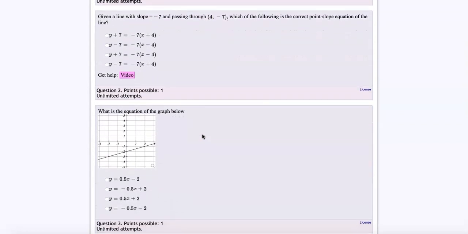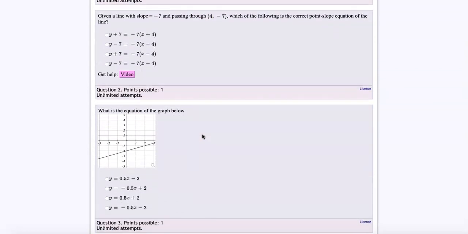Okay, question number 2. Given a line with a slope of negative 7 and passing through the point 4, negative 7, which of the following is the correct point-slope equation of the line?